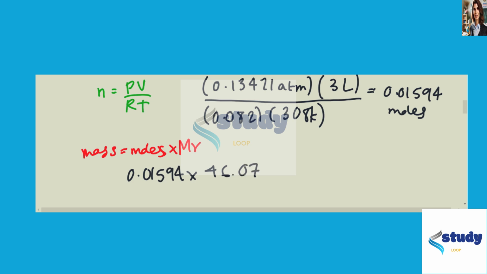When you multiply that together using your calculator, you should get this as your mass of ethanol, which interestingly is more than the amount in the flask, because ethanol was 0.5. So the pressure should be less than 0.13421, the pressure that we calculated before, since we can see that the mass has increased.